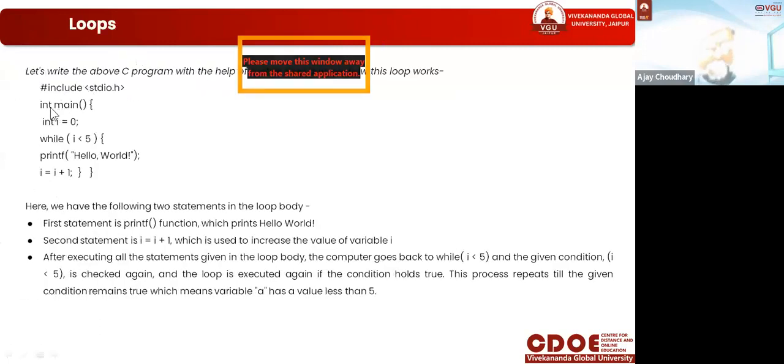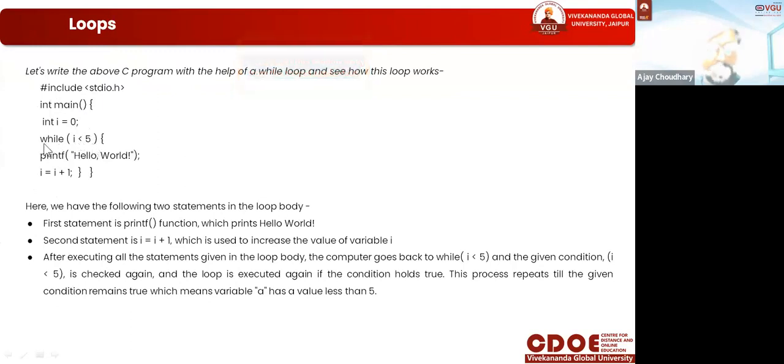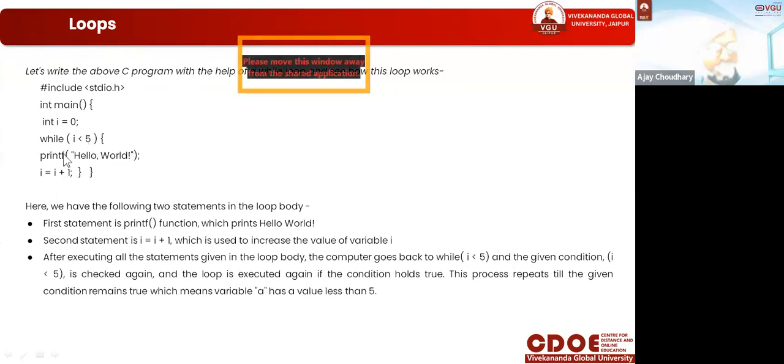We write an integer i equal to 0, and we want to write hello buddy how many times? 5 times. So we start a looping structure, a while loop, where the value of i is always less than 5. If the value is 4, that means we write hello world starting from 0.